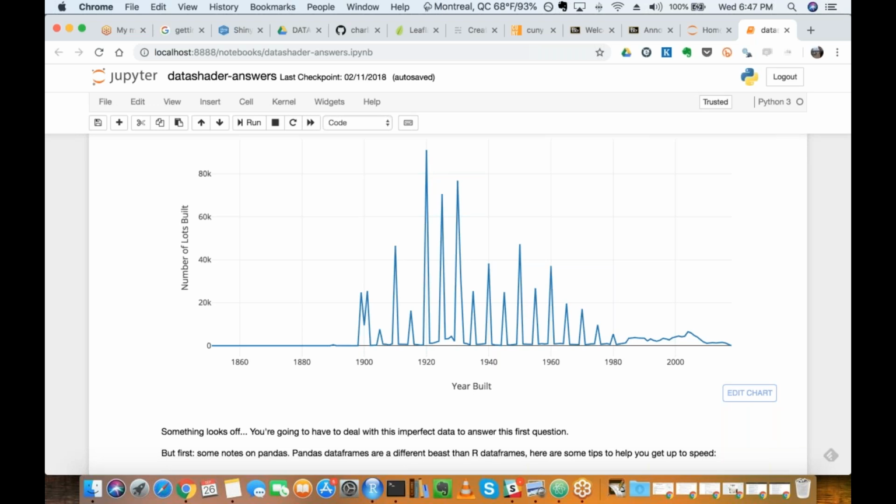There's definitely changes in trends of how many buildings are built. Definitely earlier on, as the city was expanding, more buildings were built in general, but not to the degree that we're seeing in this graph.